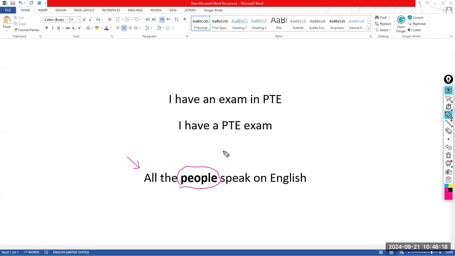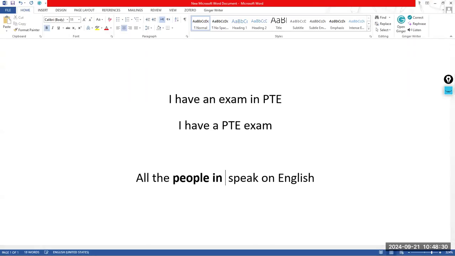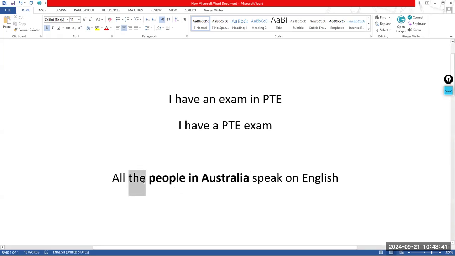If you want to say all the people, this is wrong. You have to say all people or all the people in Australia. It is better to say all people without the article.